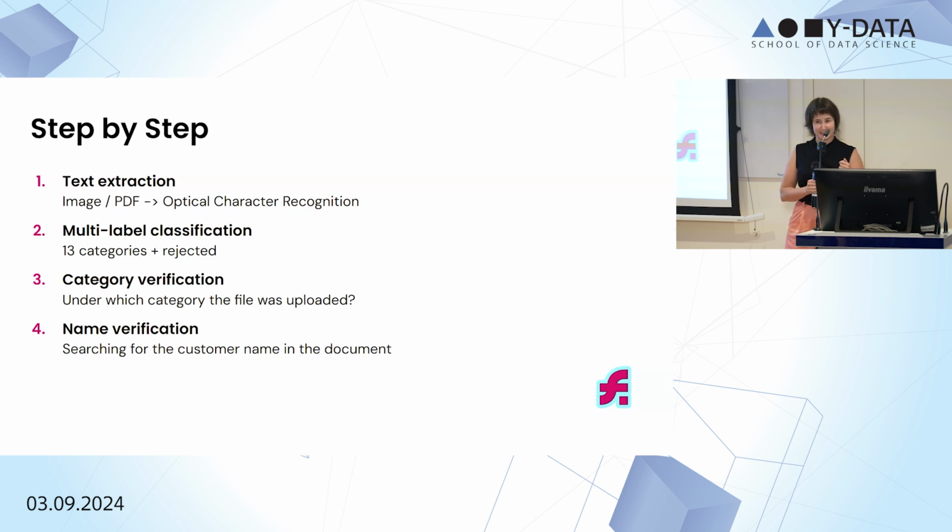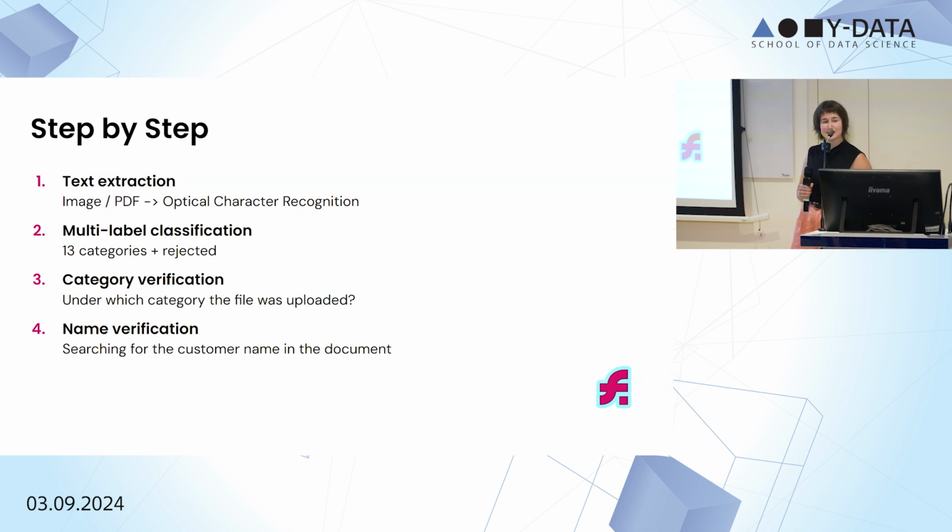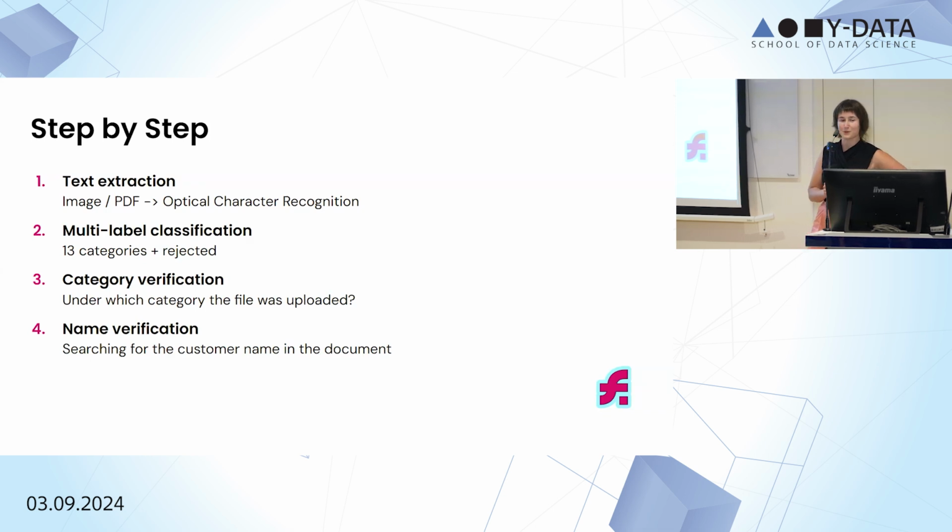So professionally speaking, we need to perform a multi-label classification. And luckily for us, Fido doesn't accept all the documents in the world. They accept only a closed list of 13 types of documents. So we know what to look for.